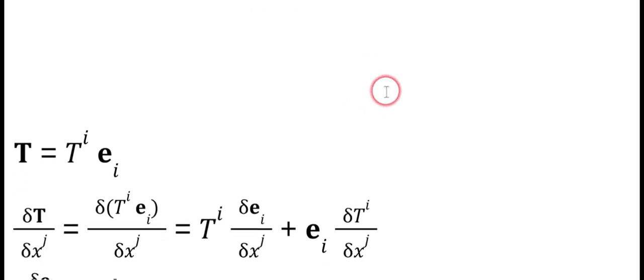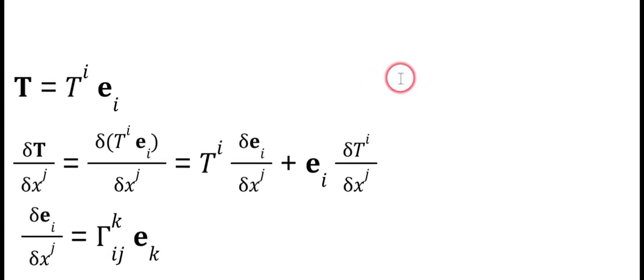Let's remind ourselves what the Christoffel symbol is. When we take the partial derivative of a vector with respect to a coordinate, we use the product rule, and this term here is defined as the Christoffel symbol. The derivative of a vector is a vector, which has basis vectors and components.